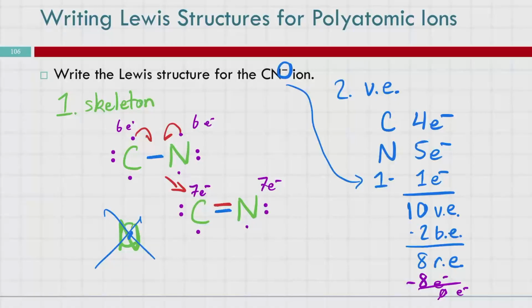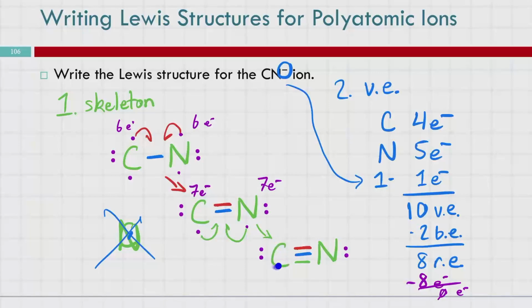How can we get more electrons? 1 more bond. And we've got these very conveniently last singular electrons here on the bottom that we can add in. So adding those in.